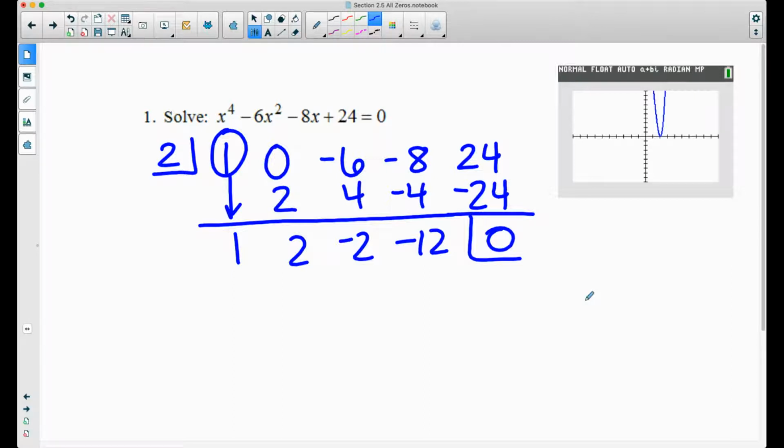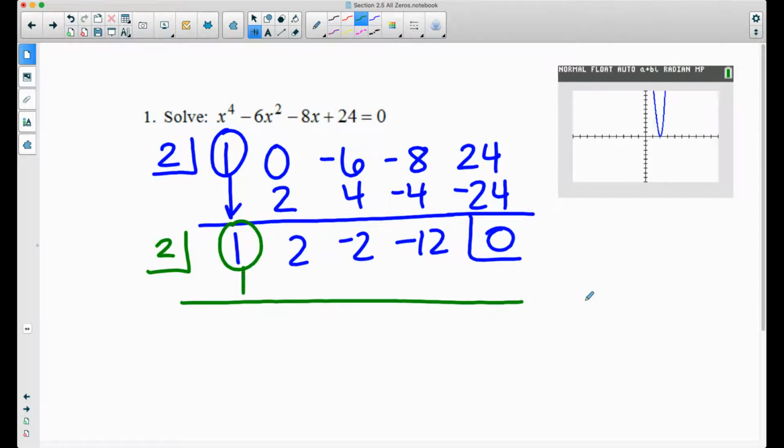But we need it down to a quadratic, and since it's a double root, we're going to use 2 again, but we're going to use it with the numbers that we last had, okay? We're wanting to continue to break this down so we don't just keep using the original equation numbers. All right, go ahead and break this down again.